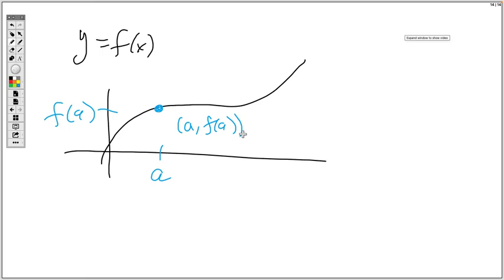A line. And in that case, we call such functions differentiable. And the slope of this line that we call the tangent line is what we called f prime of a. That was the derivative. Okay?